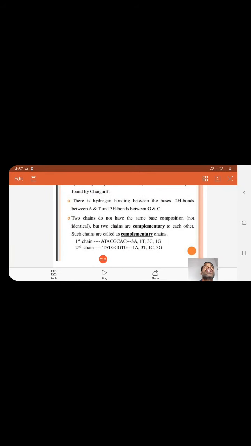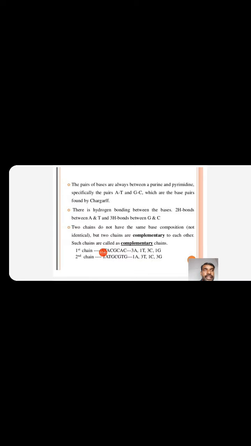In thymine, at the position of the carbon there is a methyl group, whereas in uracil that position has only hydrogen. That is the main difference between thymine and uracil. Thymine is present in DNA, and uracil only in RNA structure.